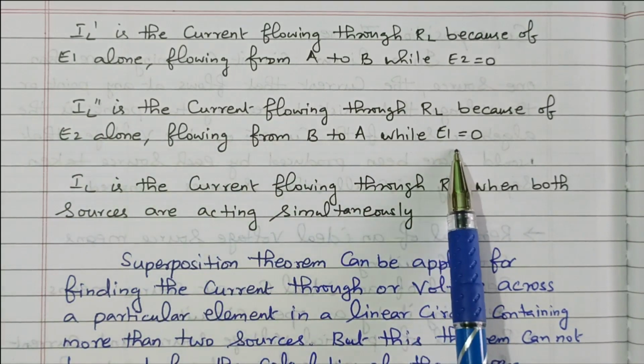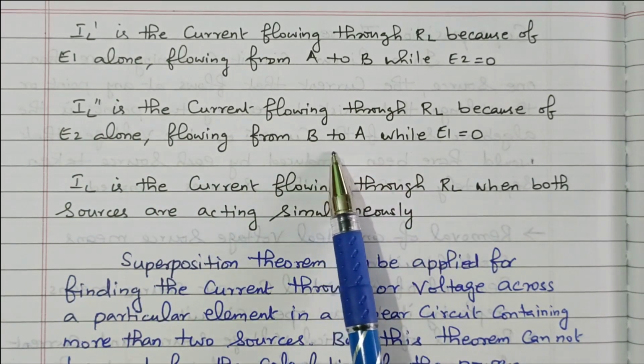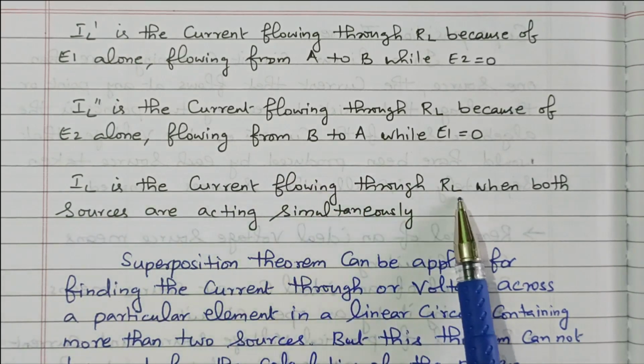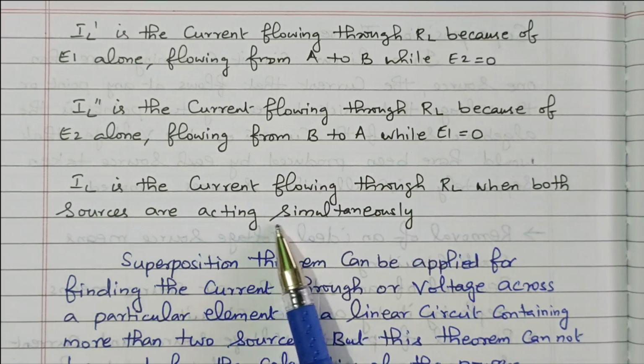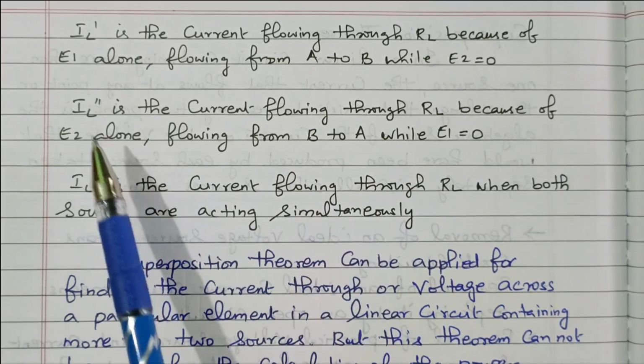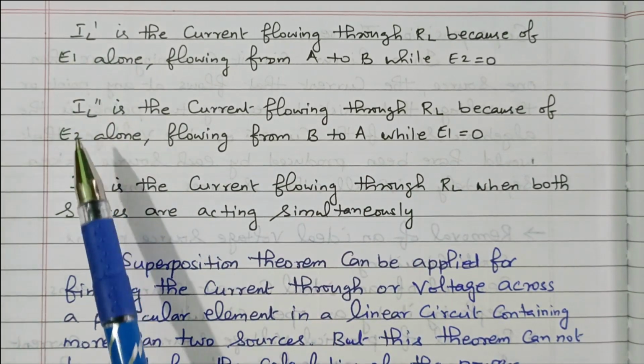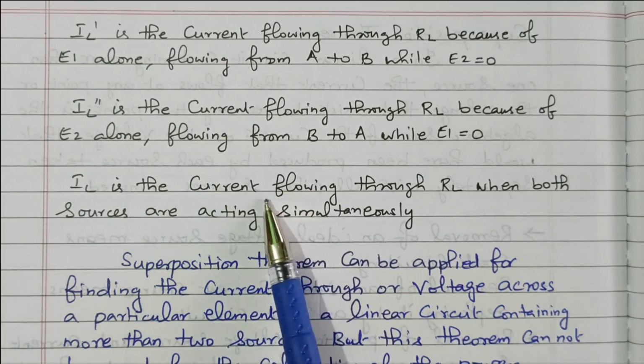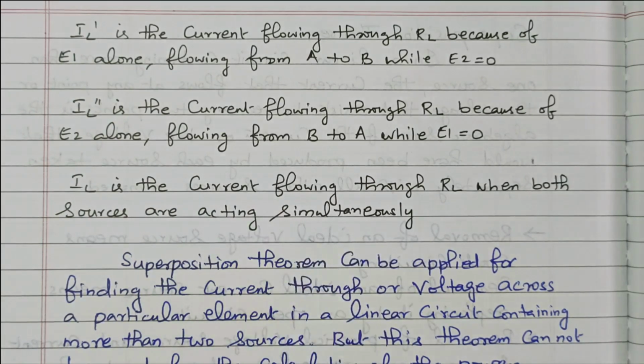Then E1 is removed but flowing from B to A, negative direction. Right. So IL is the current flowing through RL when both the sources are acting simultaneously. So by adding IL dash and IL double dash, we will get the total load current flowing through the load resistance RL. Right. This is the statement given by the superposition theorem.